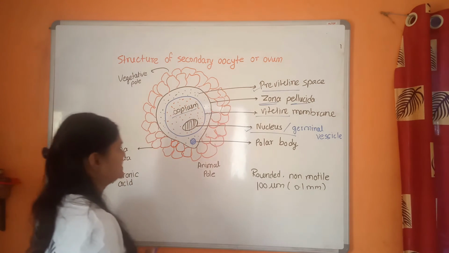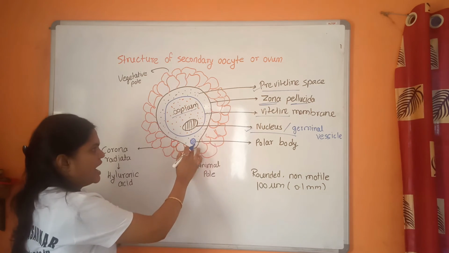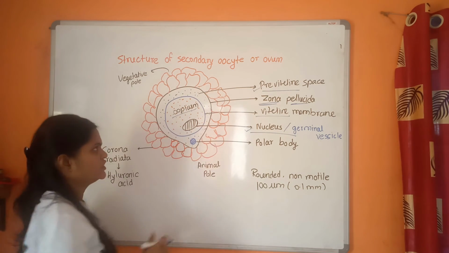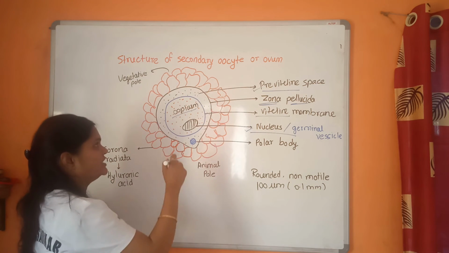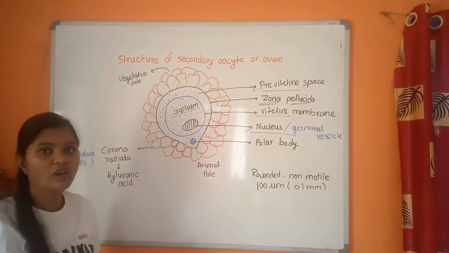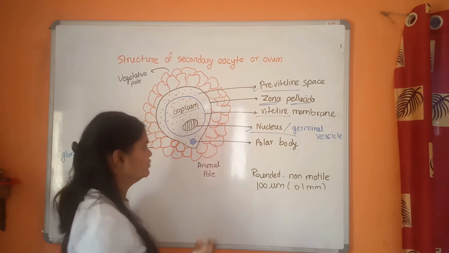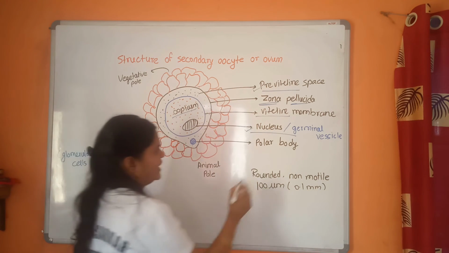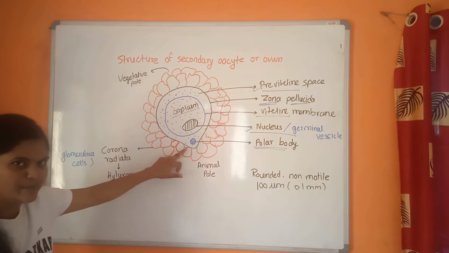It is the space between the vitelline membrane and the zona pellucida. Inside this perivitelline space, the first polar body, which is produced by meiosis 1, is present.